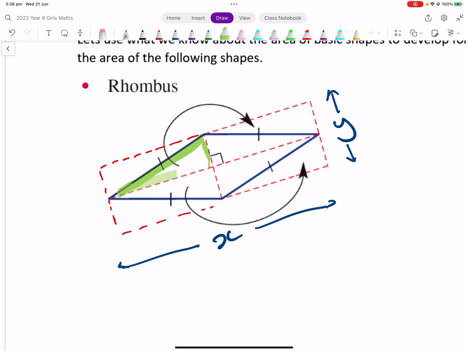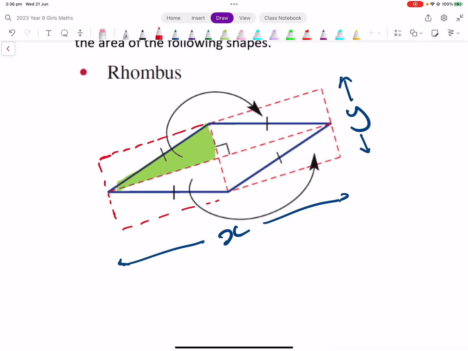I'm going to colour in the part of the top left-hand corner that is the rhombus. Within this smaller rectangle, I've got a quarter of a rhombus. Have a guess how much of that rectangle is the rhombus and how much is the empty space. Well, it seems to me that we have divided this rhombus exactly in half, corner to corner. So what you've got in there is a half of the little rectangle.